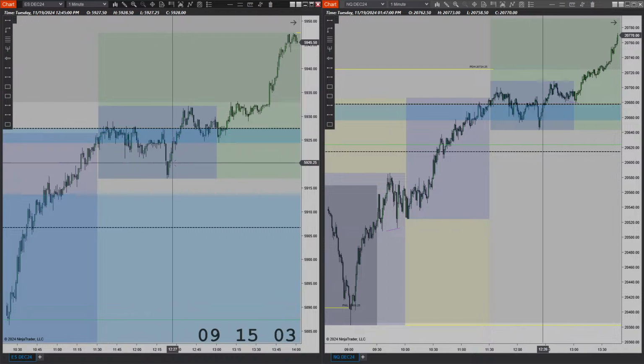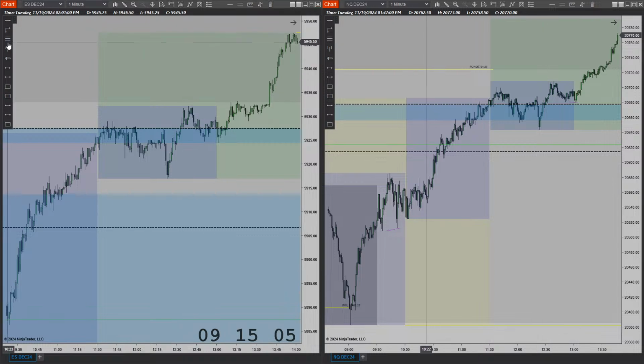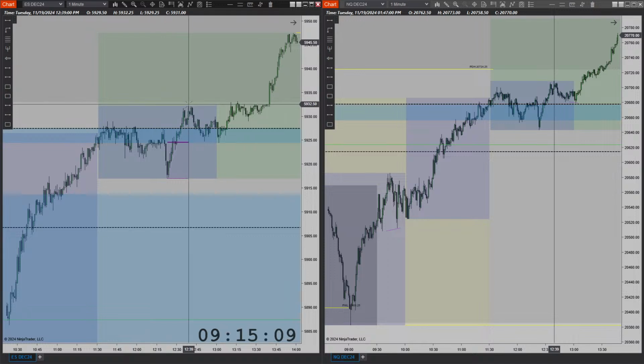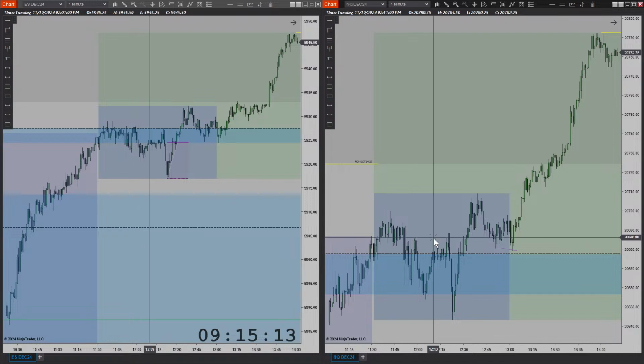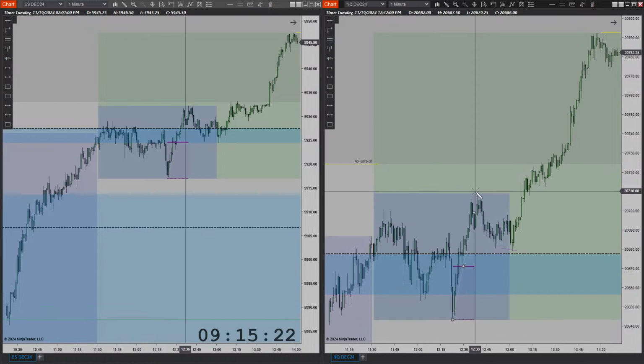And so I use this as the 50%, as the dealing range. As you can see here, you have a sweep of this low, and you can use this as the dealing range. In other words, this is where you pay attention to.